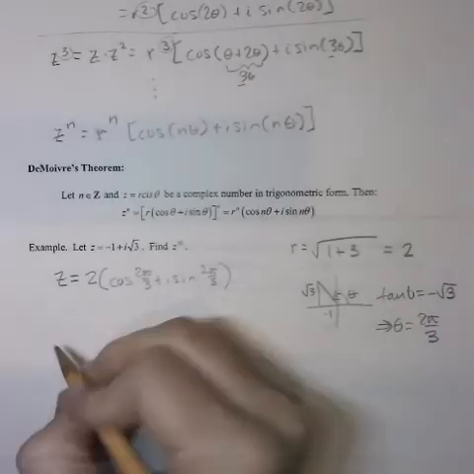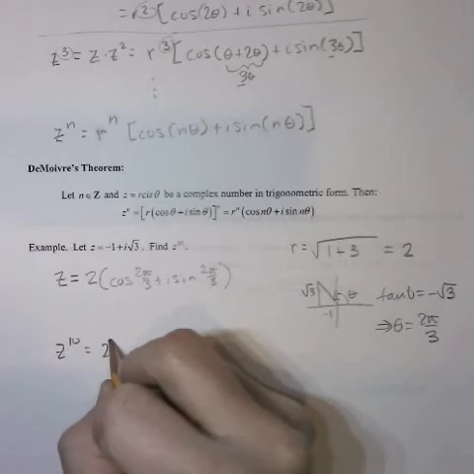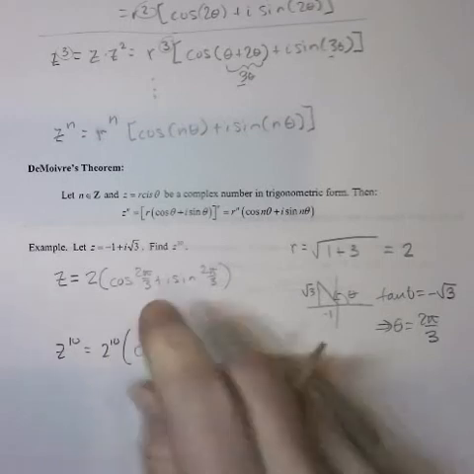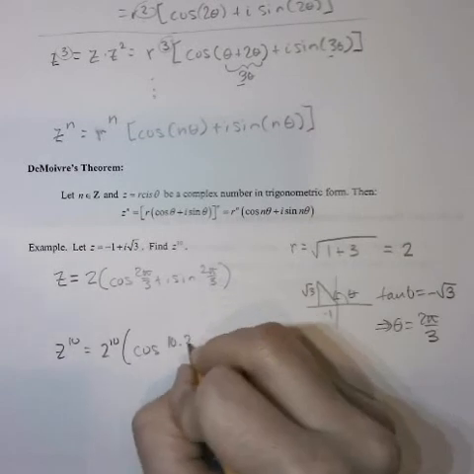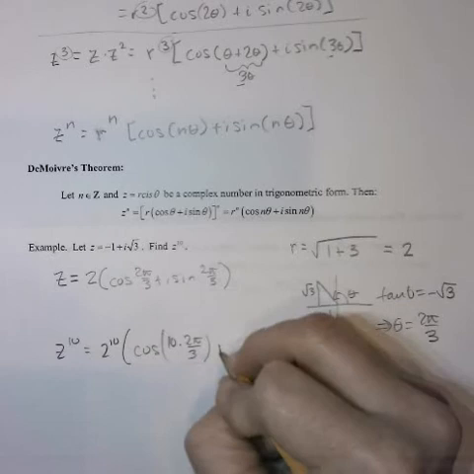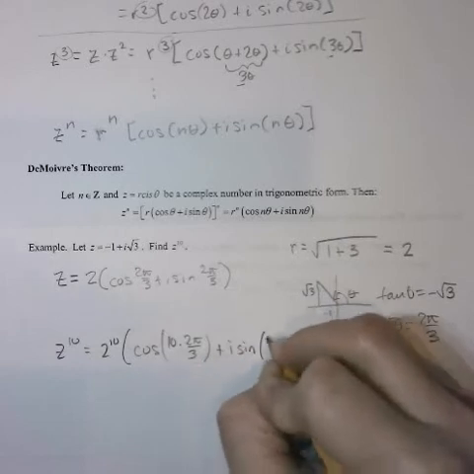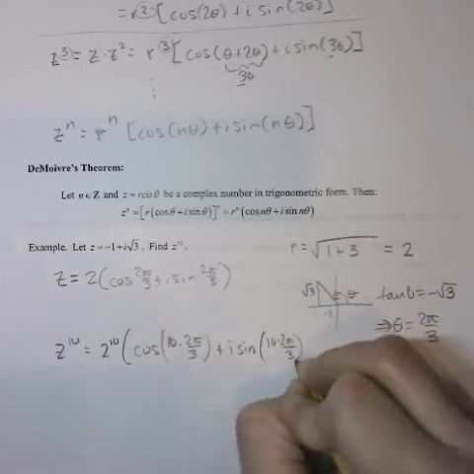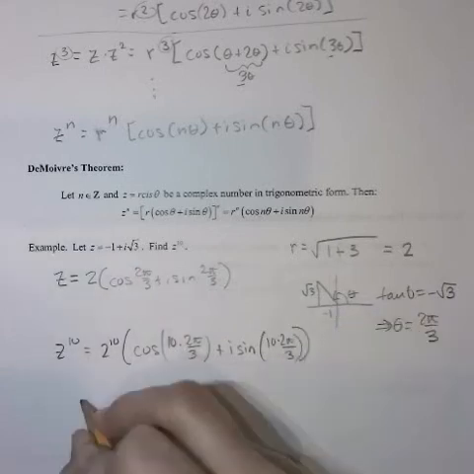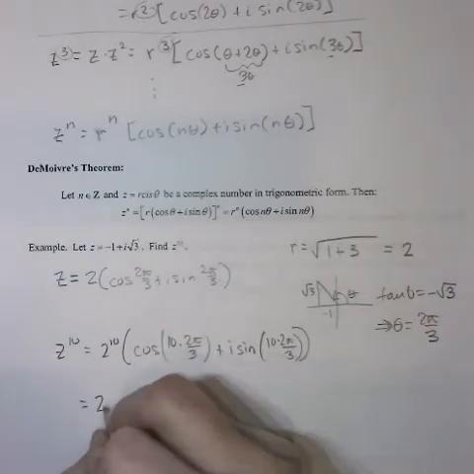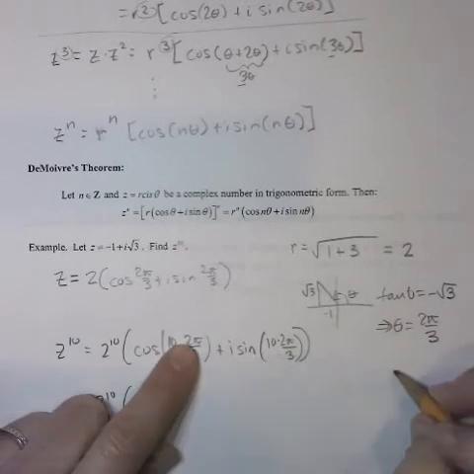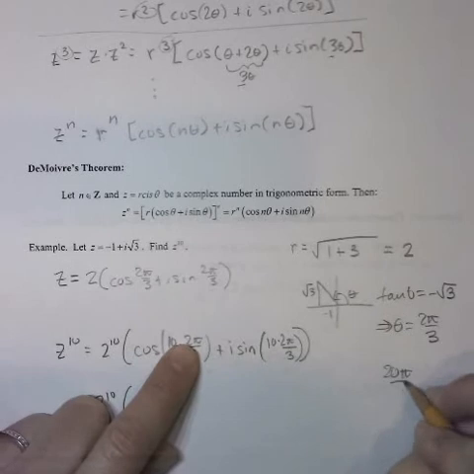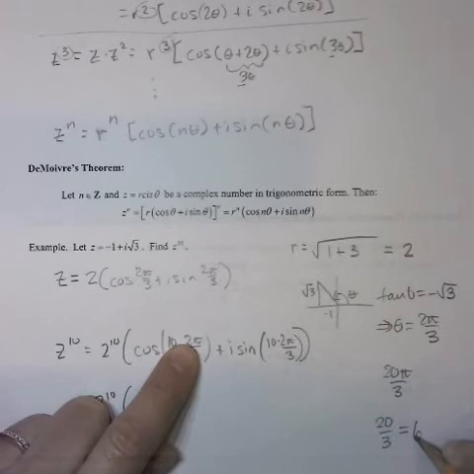So z to the 10th will be 2 to the 10th cosine, and so we'll take 10 times 2 pi over 3, plus i sine 10 times 2 pi over 3 again. So 2 to the 10th, and this would be 20 pi over 3, and 20 thirds is 6 and 2/3.